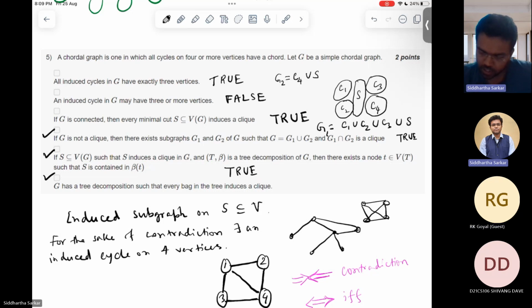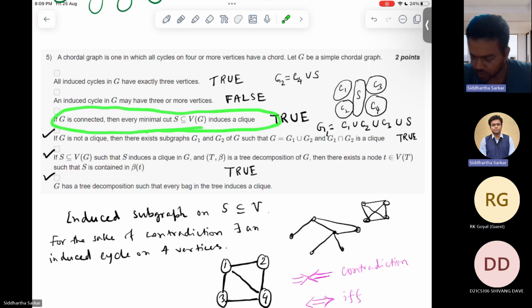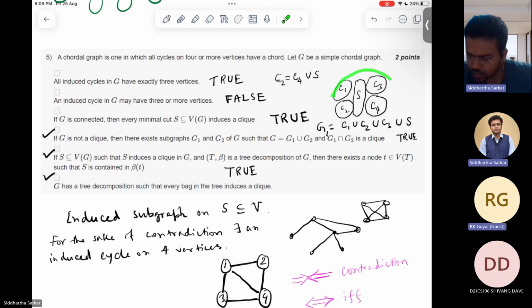It basically follows from what we have seen here: you start with a minimal cut. Let's look at this diagram. The minimal cut is guaranteed to be a clique, and then you have these components, and on these components again recursively you can find minimal cuts.